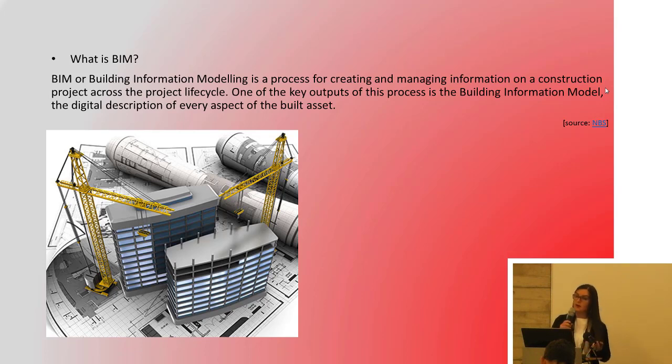These parametric BIM objects could be architectural features or structural elements, and they can contain a lot of information inside, not only geometric information, but also information about materials, for instance.